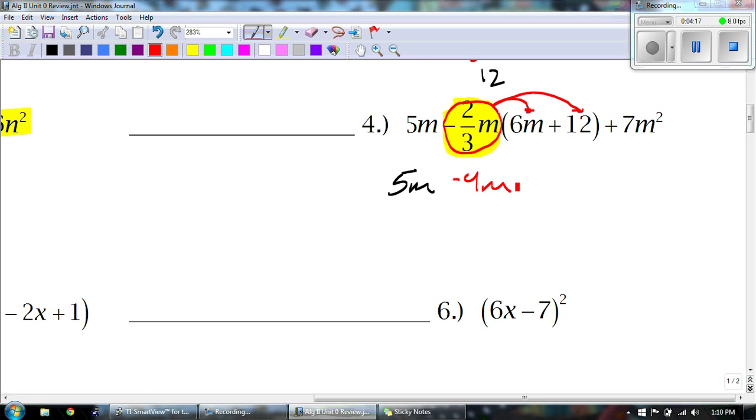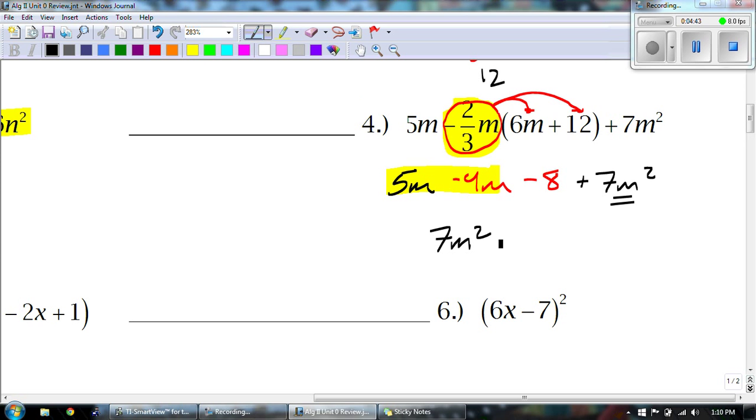And then -2/3 times 12, we're going to do this one in our heads. 2 times 12 is 24. 24 divided by 3 is 8, and it's going to be -8. And then plus the 7m squared. Okay, so writing this in standard form, the 7m squared comes out first.